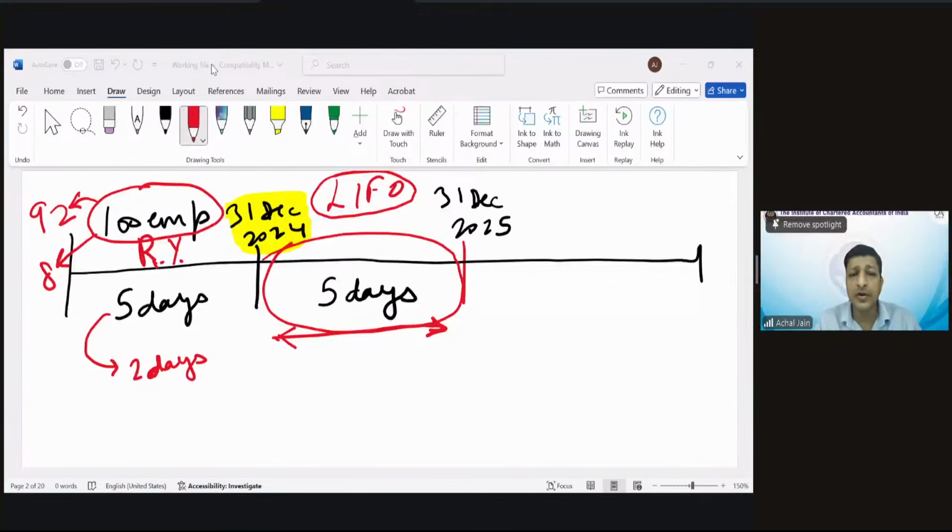So we are talking about the reporting year. Quickly, who will answer this? What is your thought? How should this be recorded by the entity?